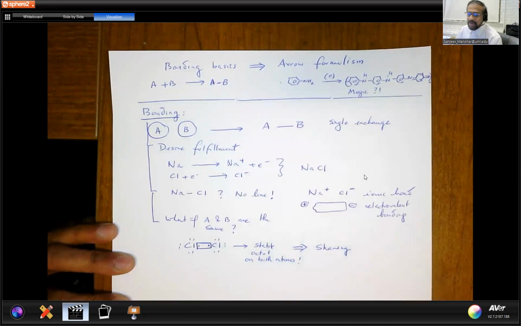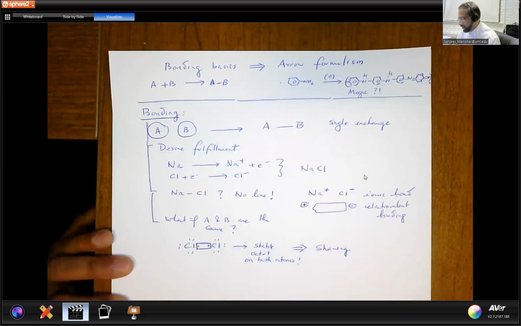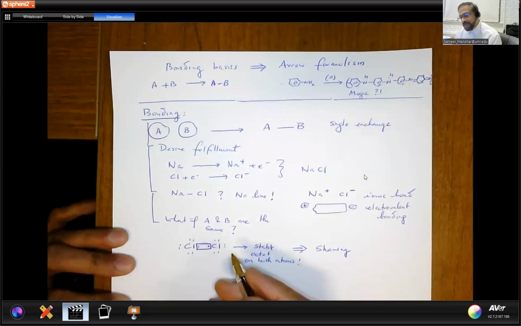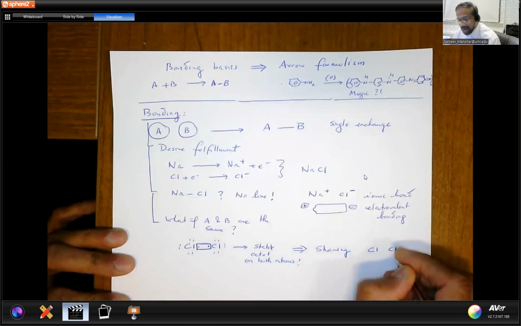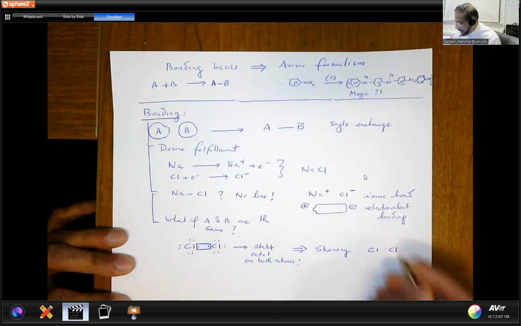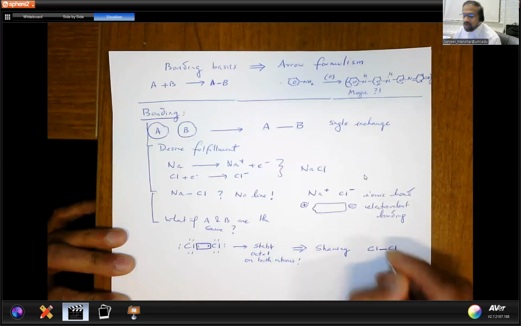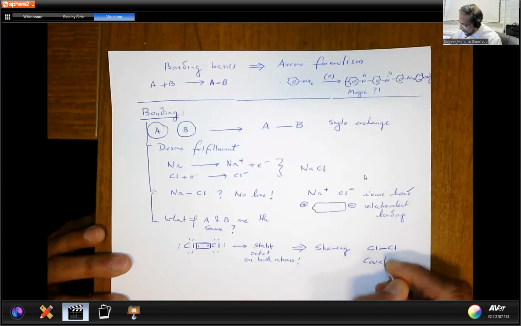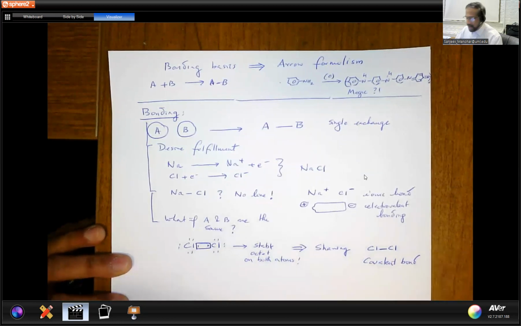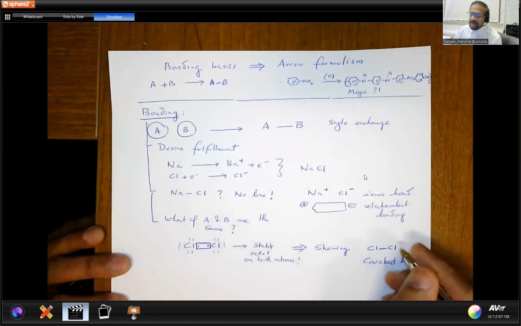I give you wheat, you give me rice kind of stuff. I give you 1 electron, you give me 1 electron. In this case, you're going to have Cl, Cl, right? But here, there is a line. You have to draw a line. That's called a covalent bond. What does the line mean?